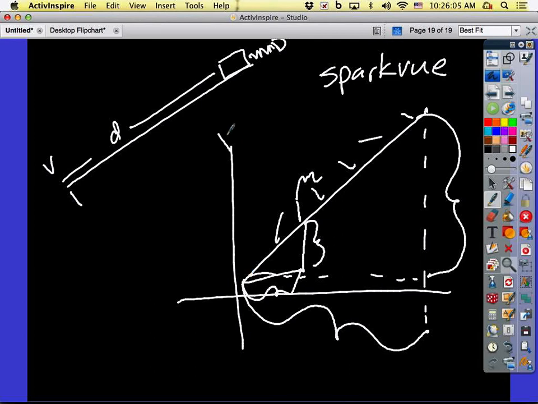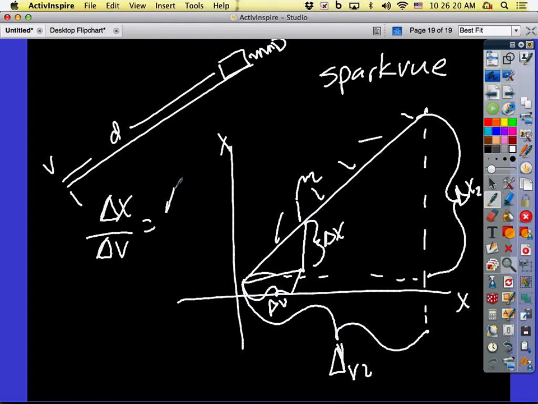Let's call this X, let's call this V just for grins. Say delta X, delta V. This is delta X2 and this is delta V2. Does it make sense to you that delta X over delta V should equal delta X2 over delta V2?